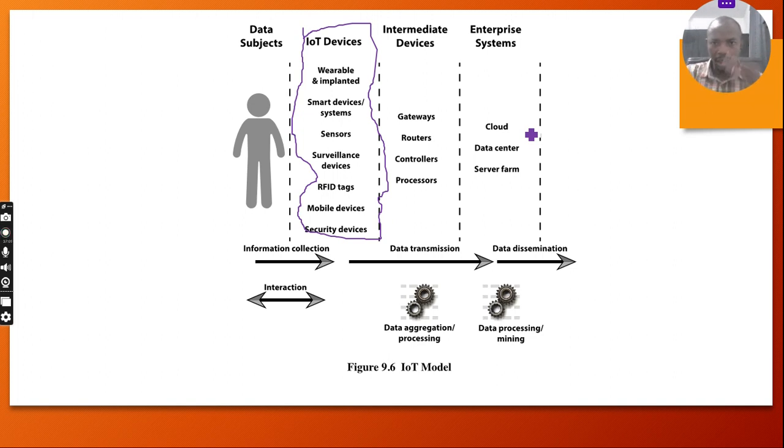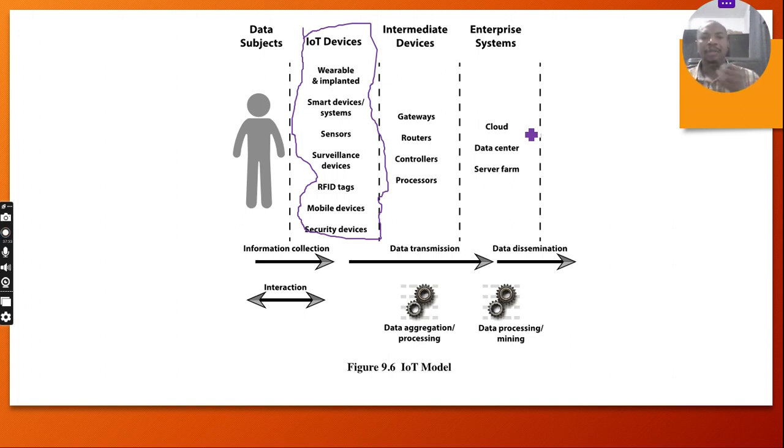Then we have what we call the enterprise system, and this is the data dissemination region. Remember, the first one is the information collection region, where we measure the Internet of Things devices like the microchip I mentioned, the smart devices, the sensors, the surveillance devices, the RFID, the mobile devices, and so on, security devices. All of these are called the information collection regions of the Internet of Things devices.